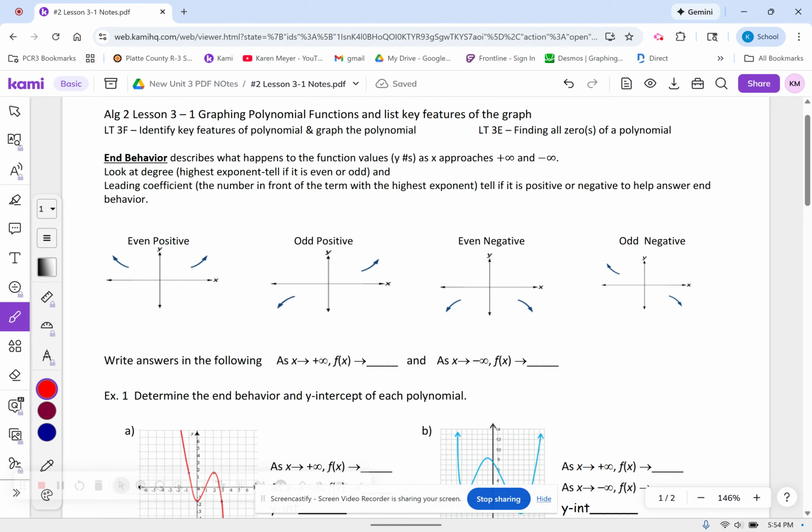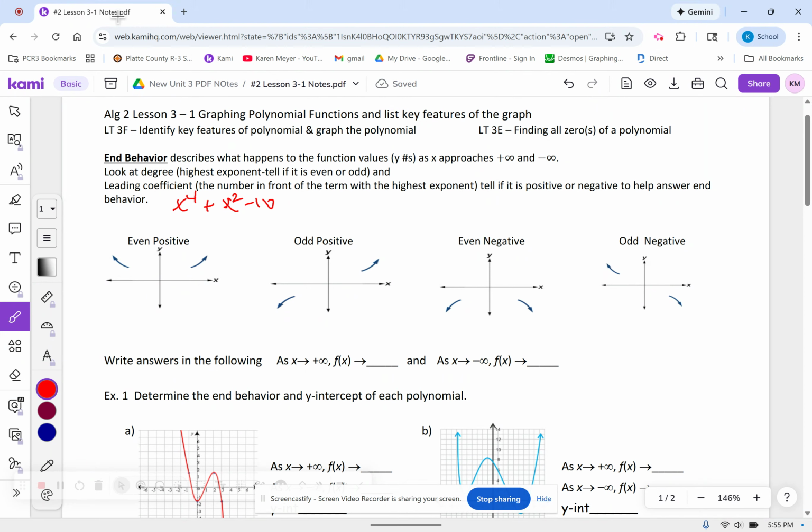Okay, so let's say, for example, I gave you x to the fourth plus x squared minus 10. On this one, the degree is 4, which is an even number.